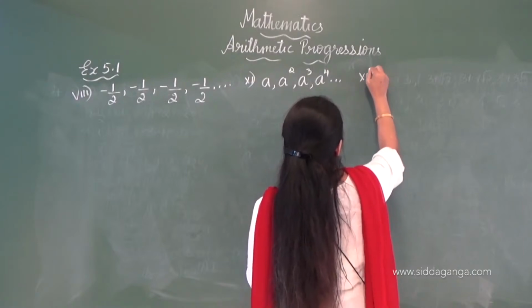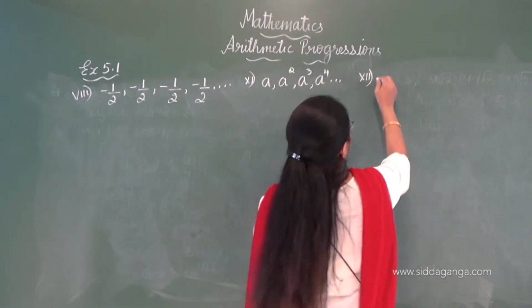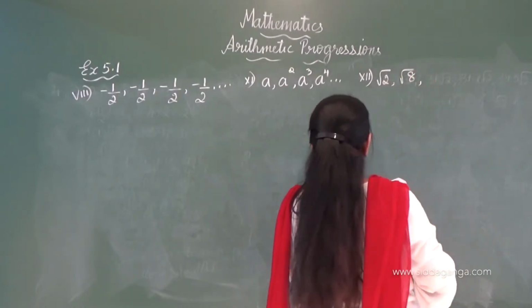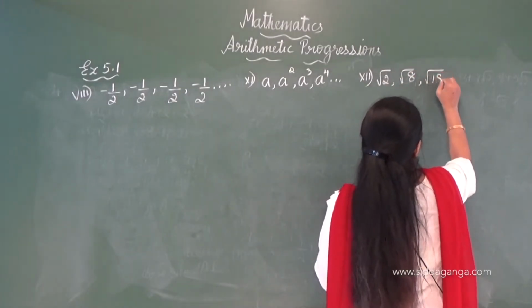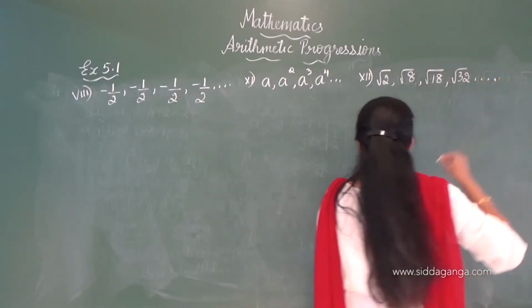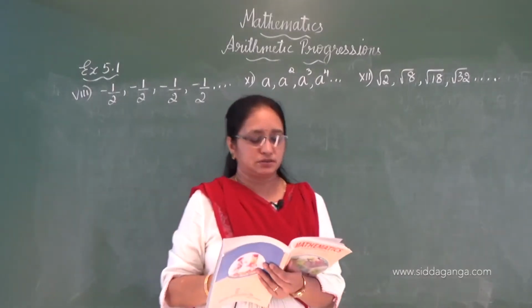Twelfth one: root 2, root 8, root 18, root 32. And the other problems are simple ones, you can do it.